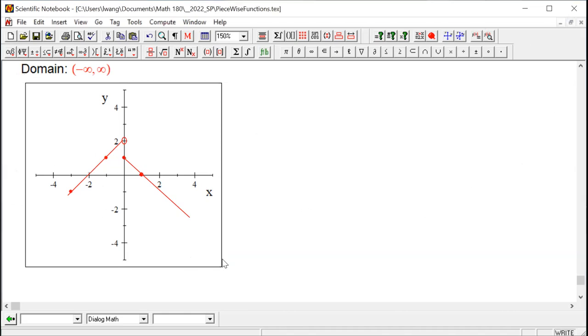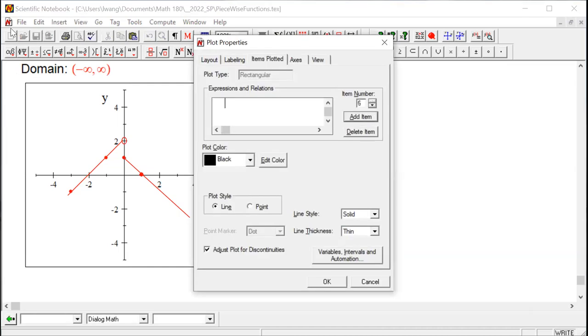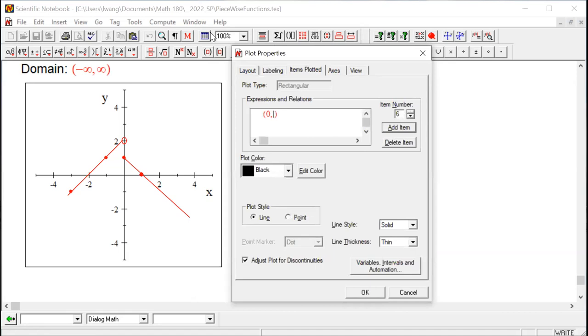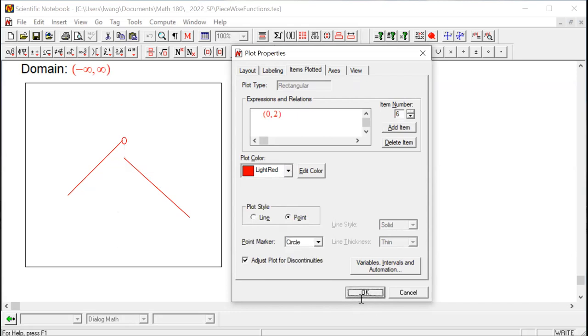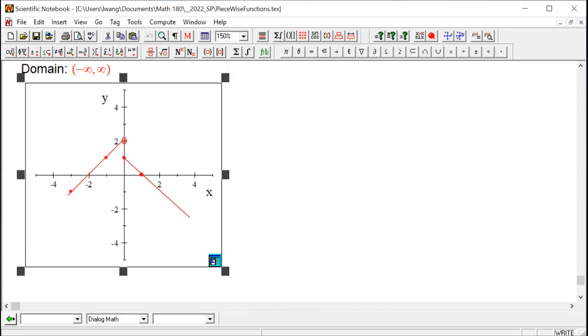So I'm going to put that circle at 0, 2, but it is a circle. Now let me remove that. So this is the picture of the graph.